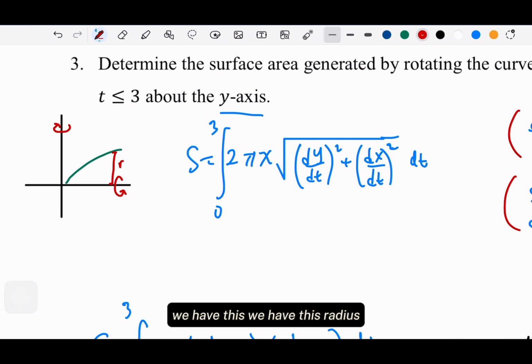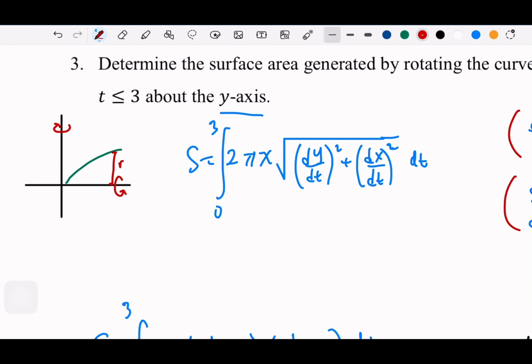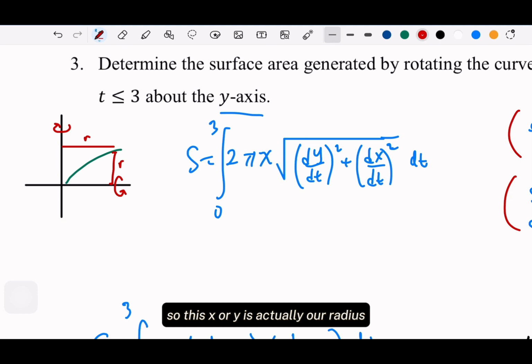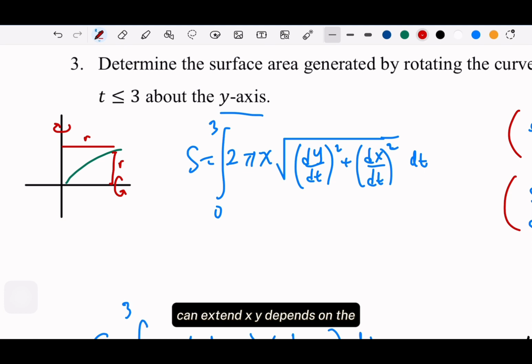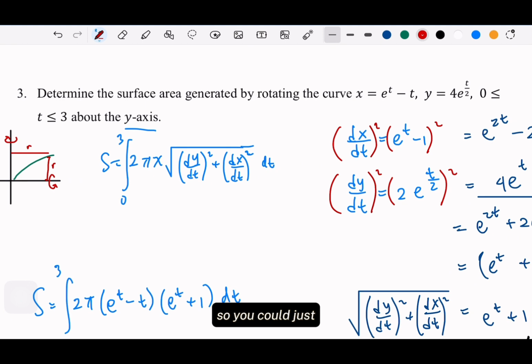We have this radius. So this x or y is actually our radius. So if we rotate about the x-axis, then the radius is y. And if we rotate about y, the radius is x. So that's why it's x or y. And then you can expand x and y depending on the parametric functions. So you could just take x and substitute, and then you can compute.